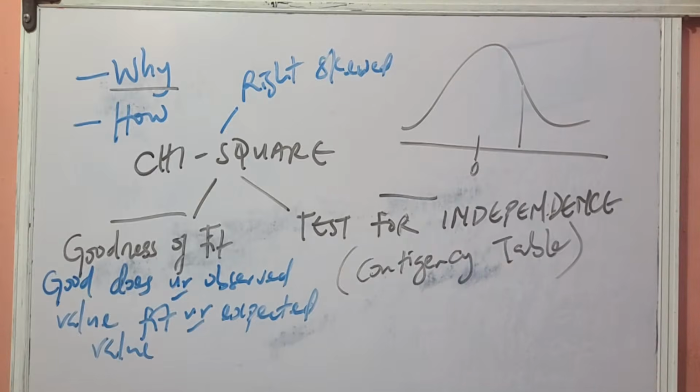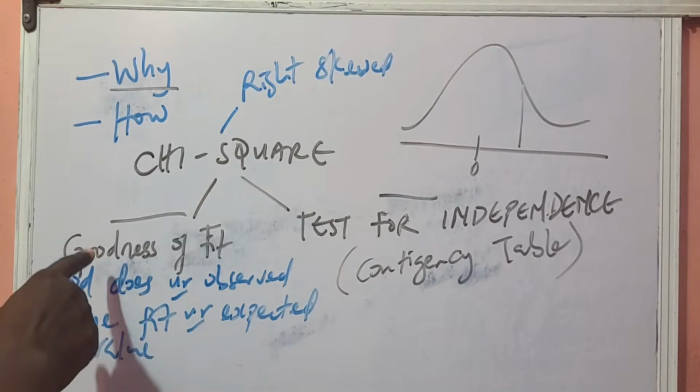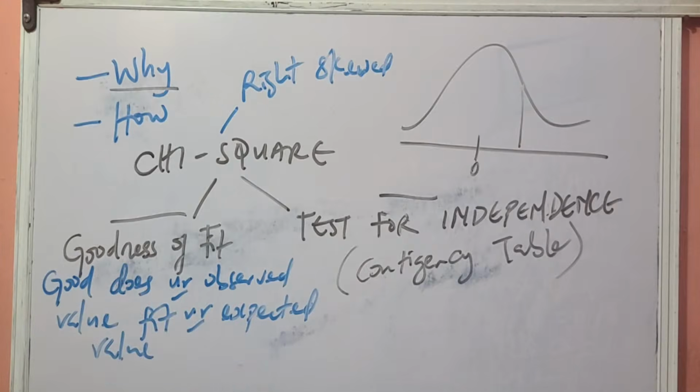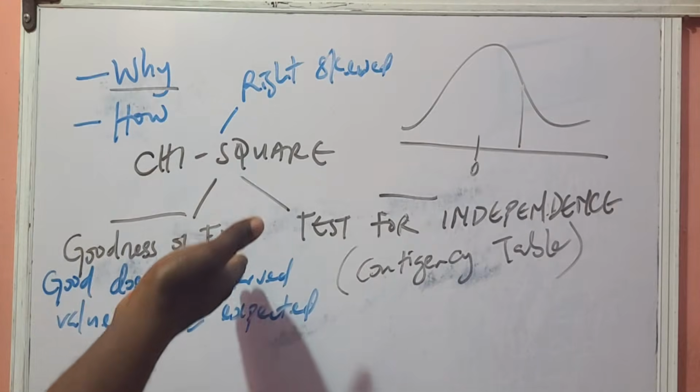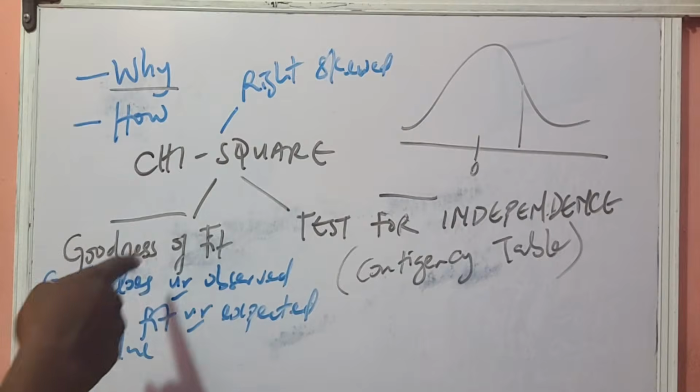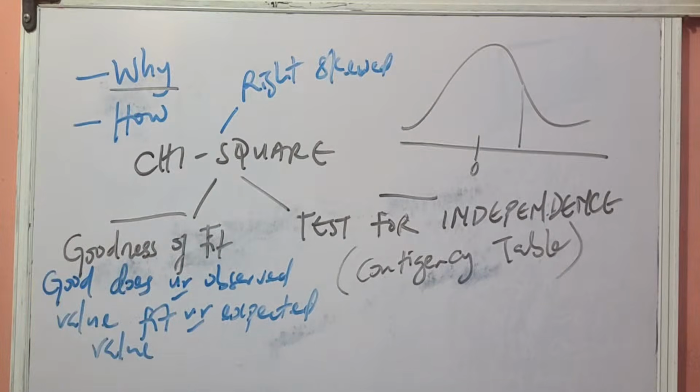Now, for the goodness of fit test, when you hear goodness of fit, it comes with the idea: how good does something fit something? In this case, for chi-square, how good does your observed value fit your expected value? This means you will have an expectation.